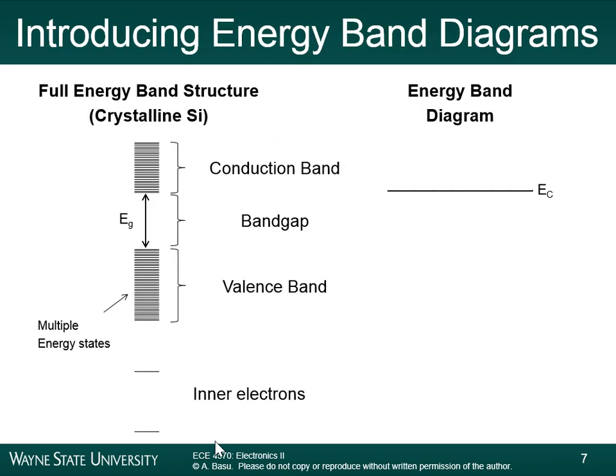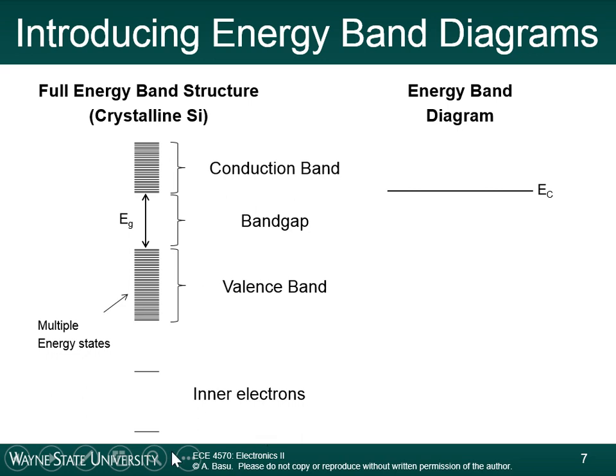So this slide just talks about a shorthand for energy band diagrams. Like I said, we don't want to have to draw out all these energy states every time we want to draw an energy band diagram. We like to have a shorthand. So the shorthand looks something like this. The conduction band, where most of the interesting stuff in semiconductors happens, is right here, in between the conduction band and the valence band.